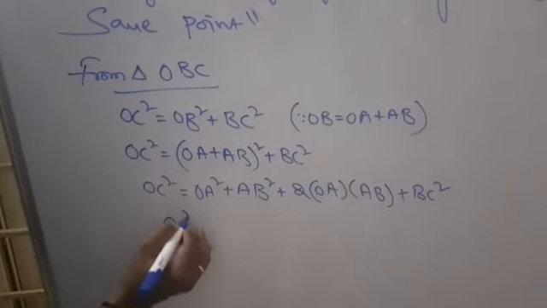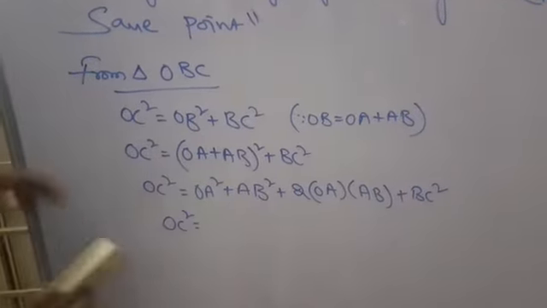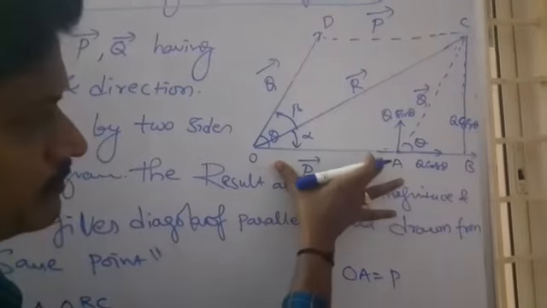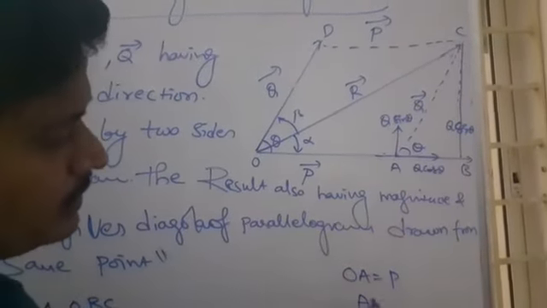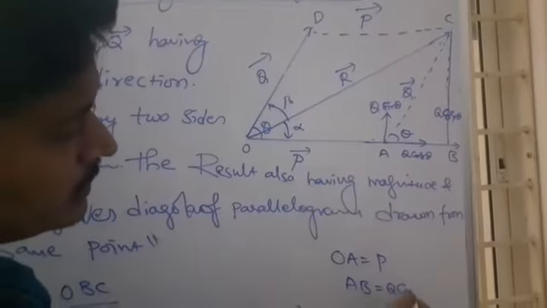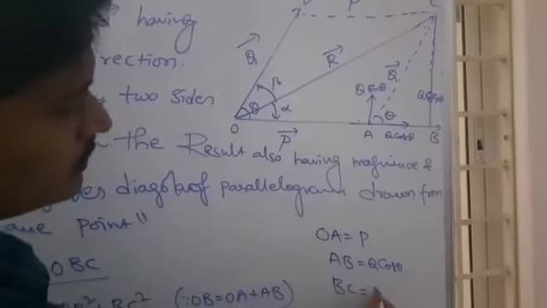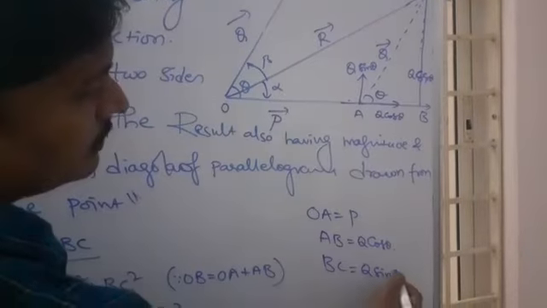From this diagram OA is equal to P, AB is equal to Q cos theta, and BC is equal to Q sin theta.